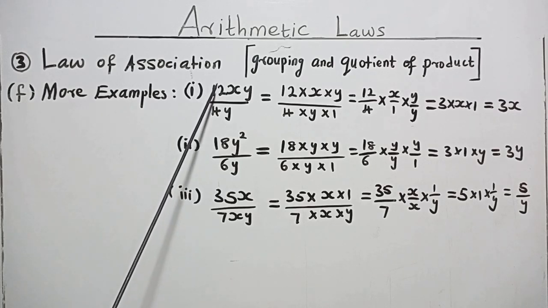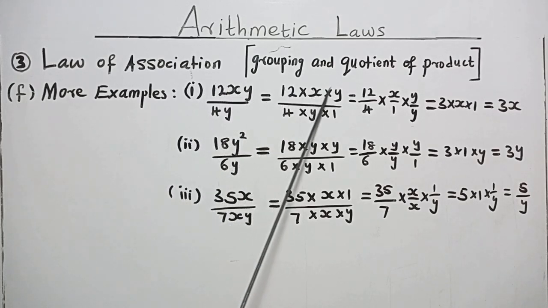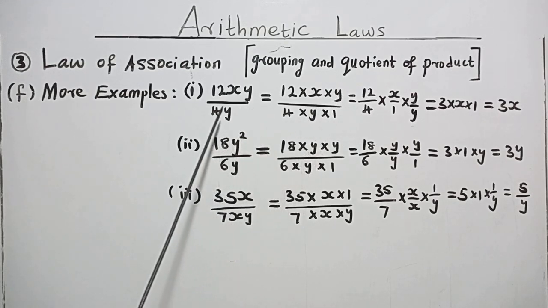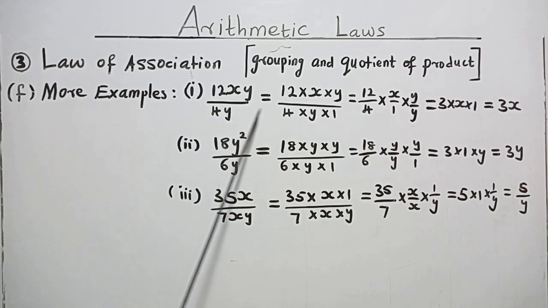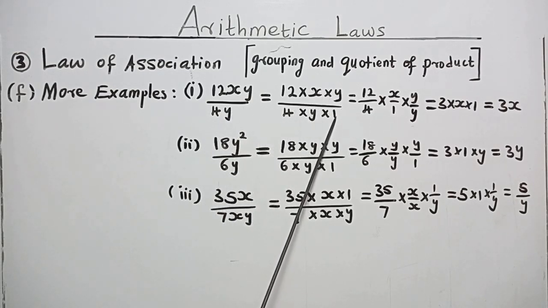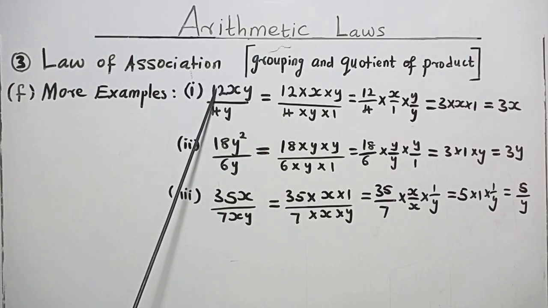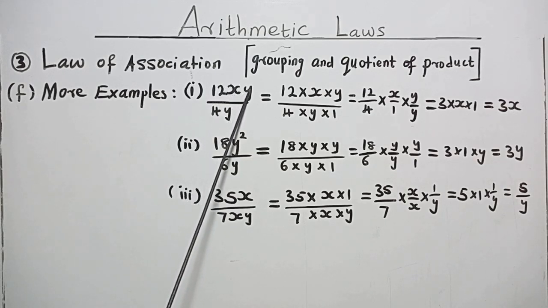First, let us realize that 12xy is the same thing as 12 times x times y. I hope that is clear. Let us also recall that 4y means 4 times y. But see one here to complete the number of times that the numbers appear. If you watch the dividend, we have 12, x and y. That is 3 participants.